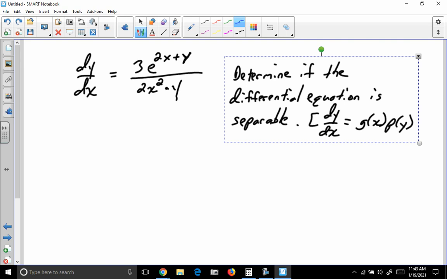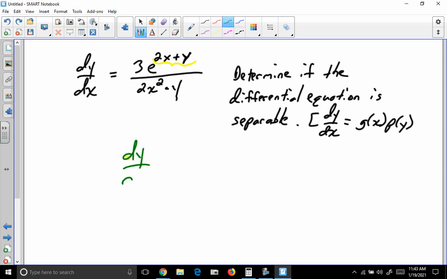Let's take a look at this one. Initially, when we look at this one, we might see the exponent here and say, hey, this particular factor contains x's and y's in it. Let me give you an example of something that's not separable.